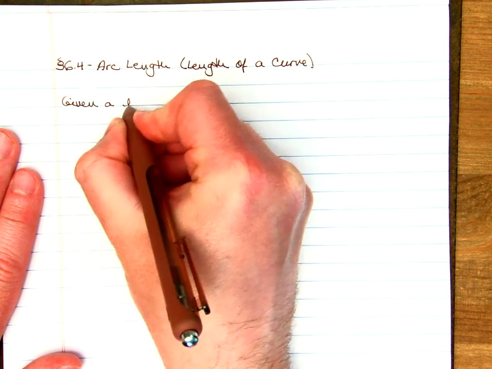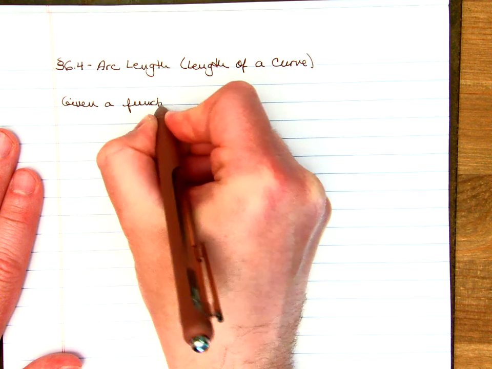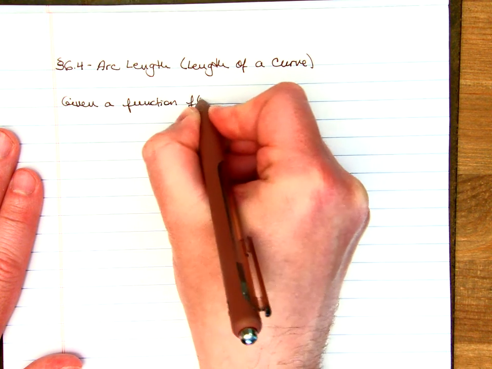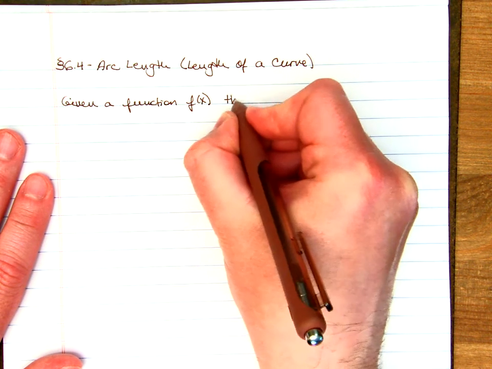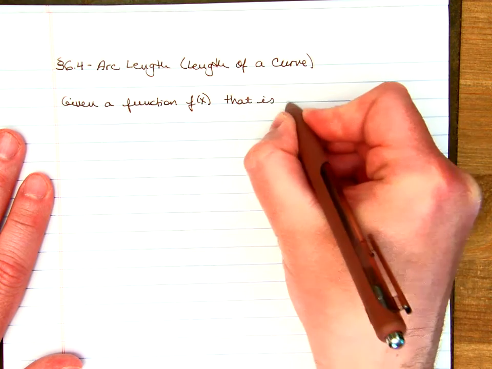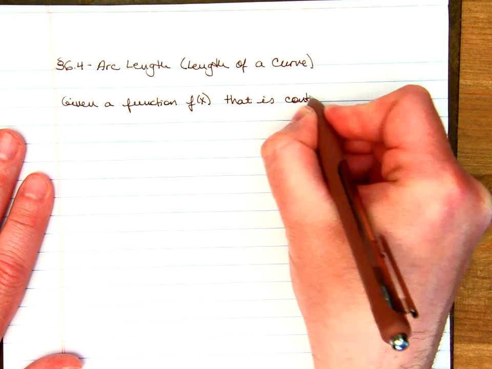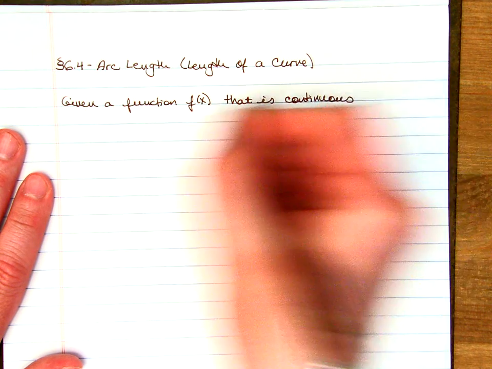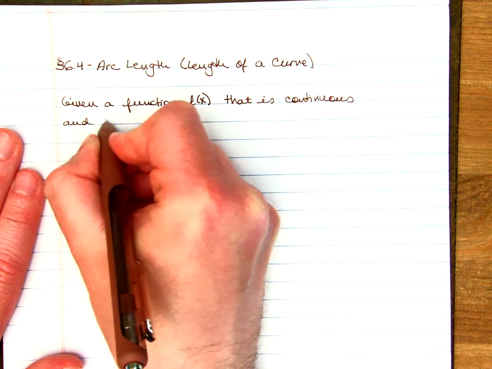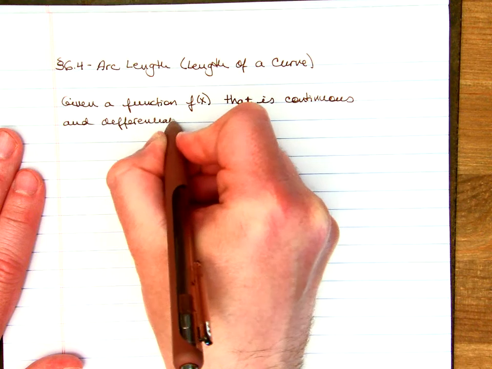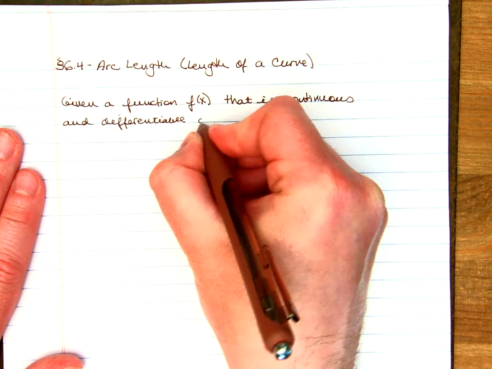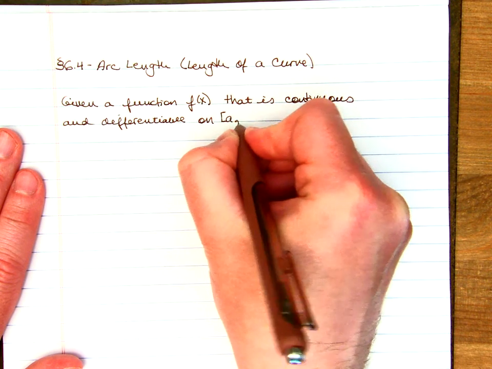Given a function, f of x, that needs to be continuous and differentiable on some closed interval from a to b.